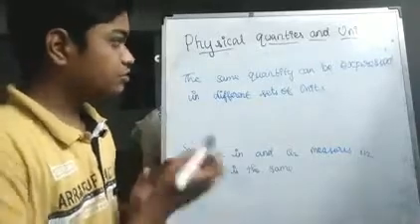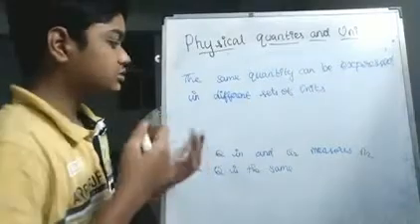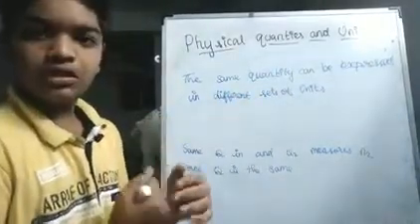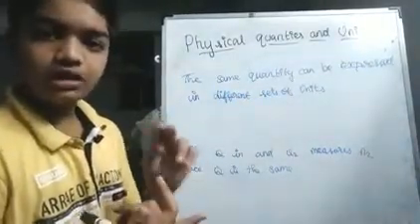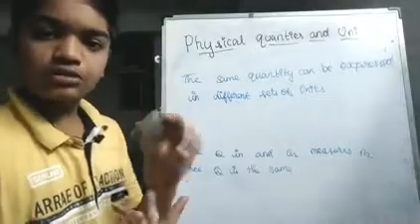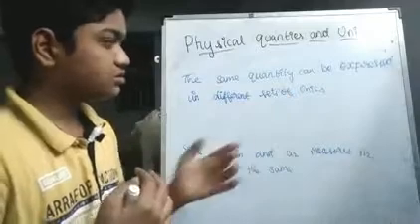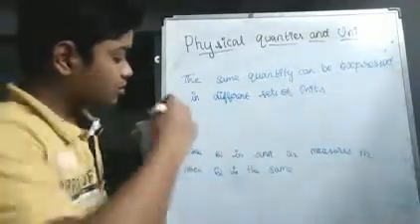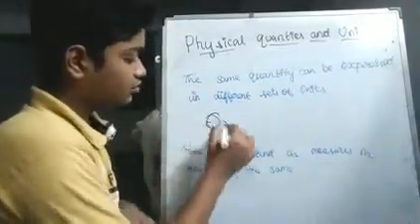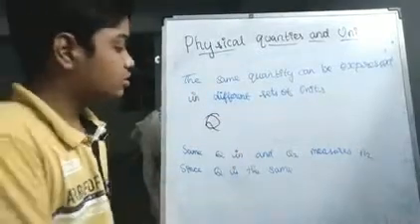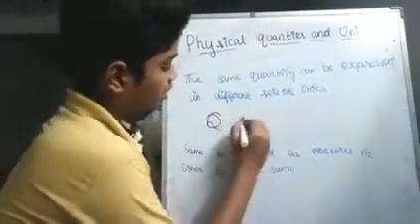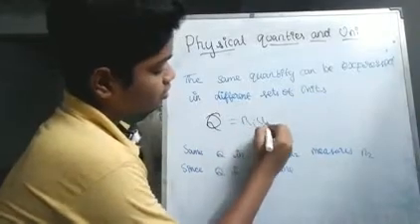Now the same quantity can be expressed in different sets of units, such that length can be expressed in meter as well as foot. There are two different sets of units. So we take Q equal to N1 U1.